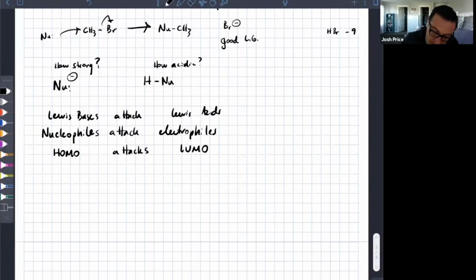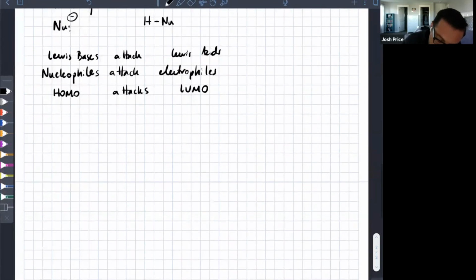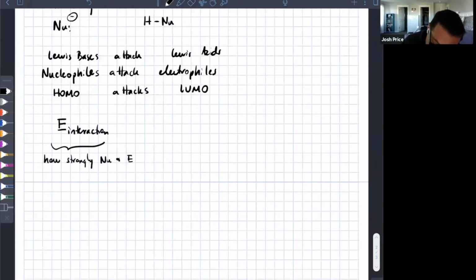Now, the interaction energy, this is how strongly nucleophile and electrophile are attracted to each other, contains the following terms.